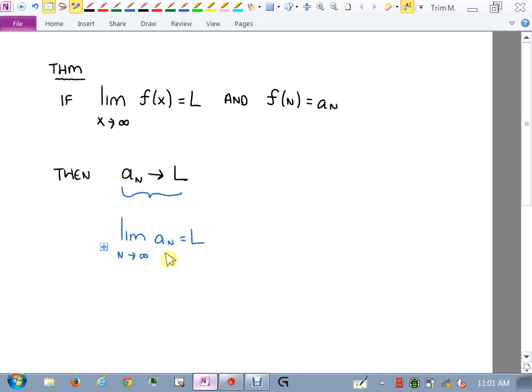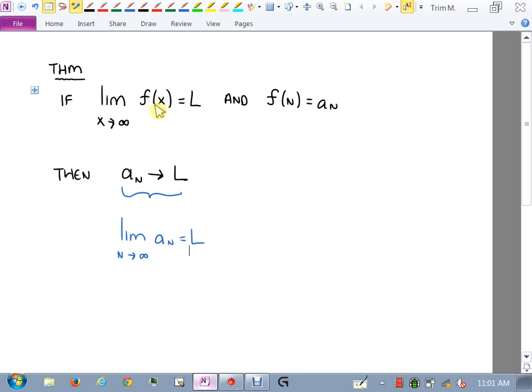So let me try and explain what's happening here. The theorem says that if you are looking back in like a Cal 1 setting where you had some function of x that is allowed to be a real number. Remember, sequences are functions, but we restrict their domains to integers, right?